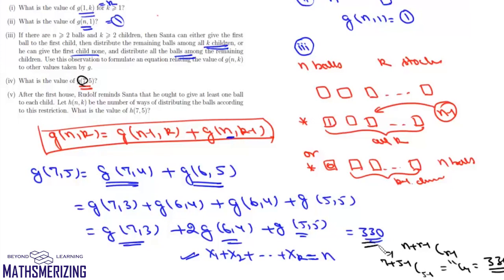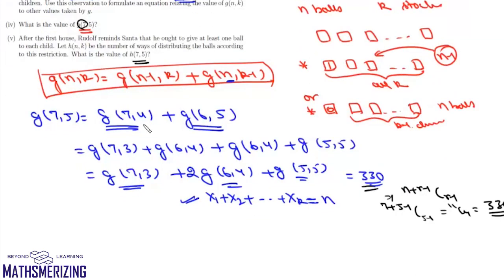Now the fifth one is, after the first house, Rudolph reminds Santa that he ought to give at least one ball to each child. Let H(n,k) be number of ways of distributing the balls according to this restriction. What is the value of H(7,5)? Now we go by the linear equation method.